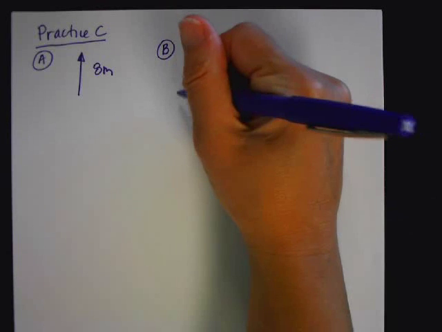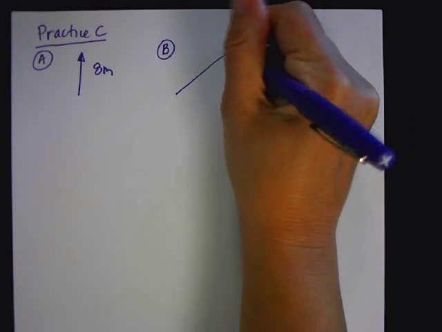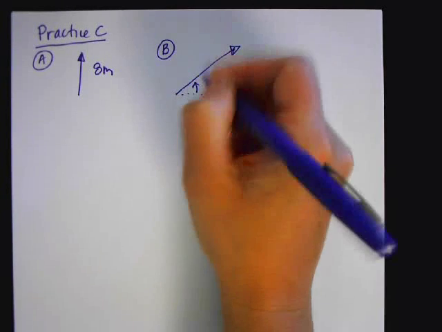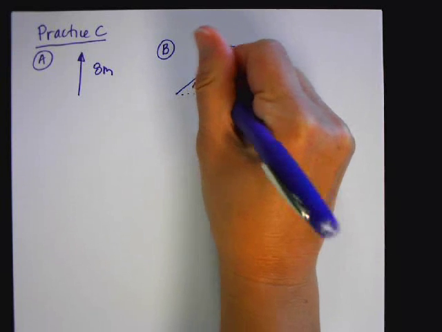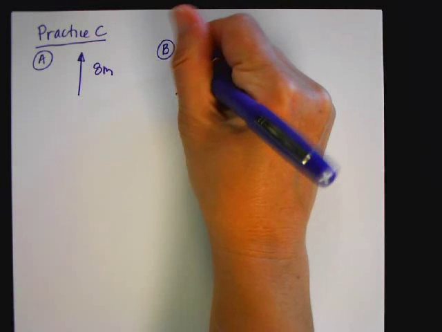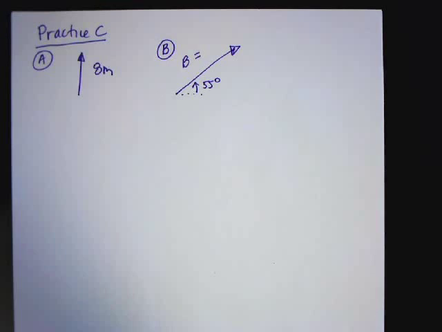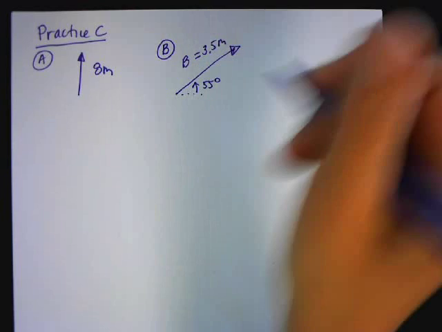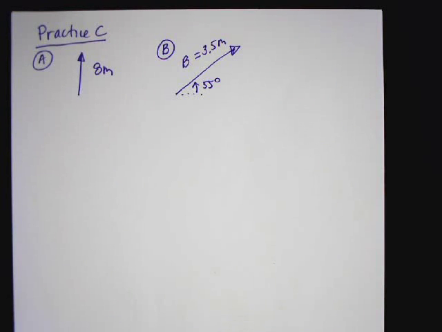This is 55 degrees north of east, and that's going to be B. And B is equal to 3.5 meters. And then for C, he turns and runs due east for 5 meters. So now I have my 3 vectors.